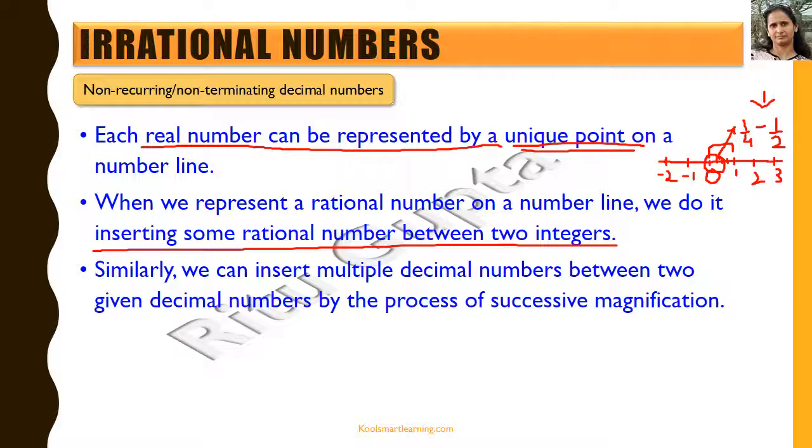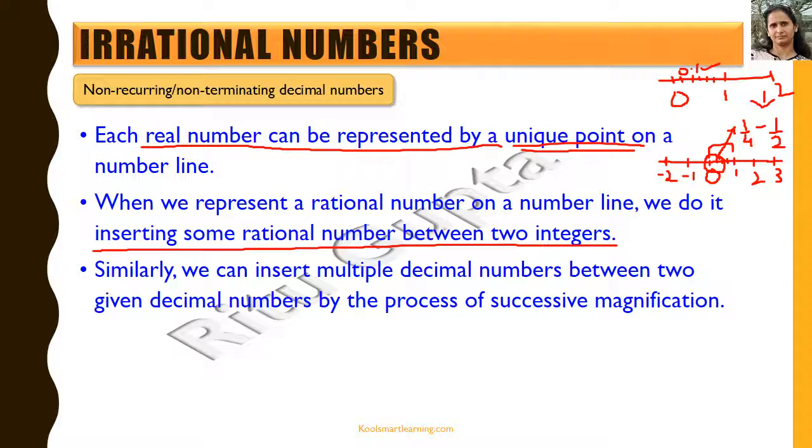Now, if we're talking about decimal numbers, say we have a number line from 0, 1, 2, we can divide it into 0.1, 0.2 and so on. We can make 10 divisions between 0 and 1 with precision of 1 decimal point.